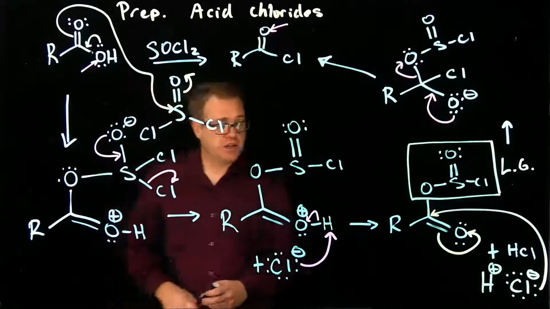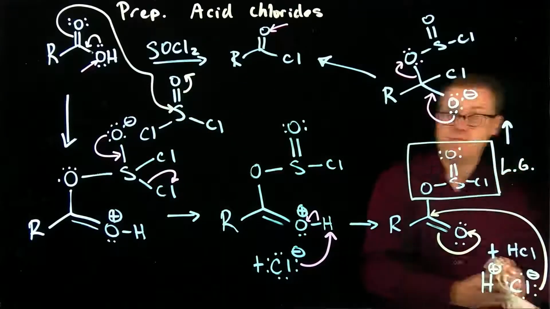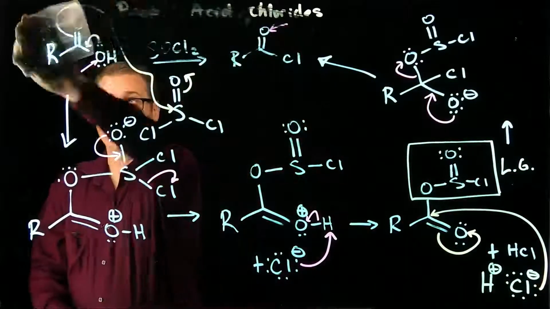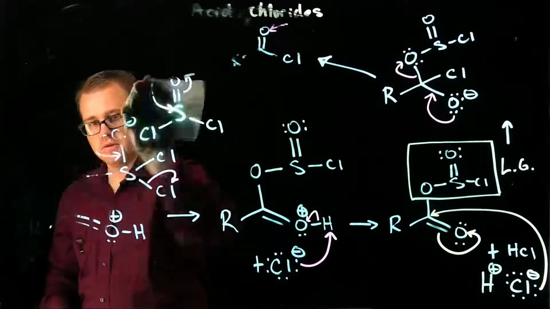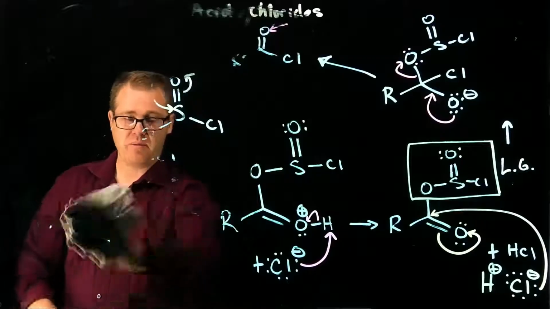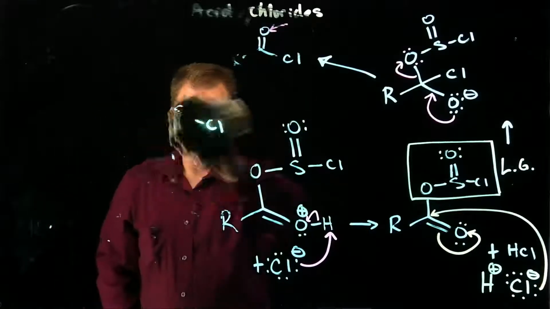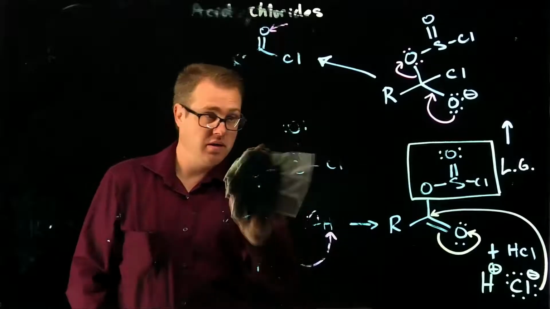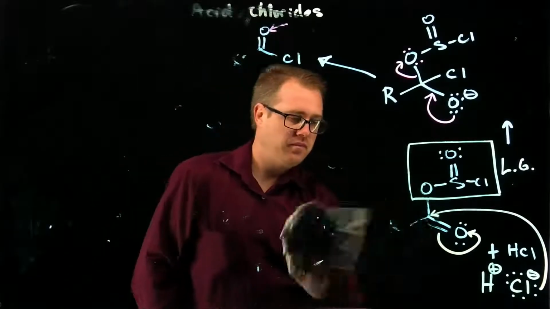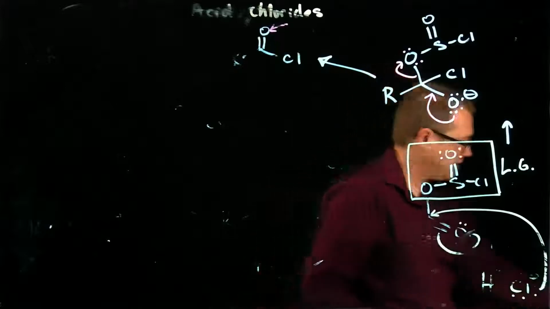So I already showed you this reaction a little bit before all of this. Remember what happens when you take an acid chloride and you treat it with water? What do you get? Think about that for a second.